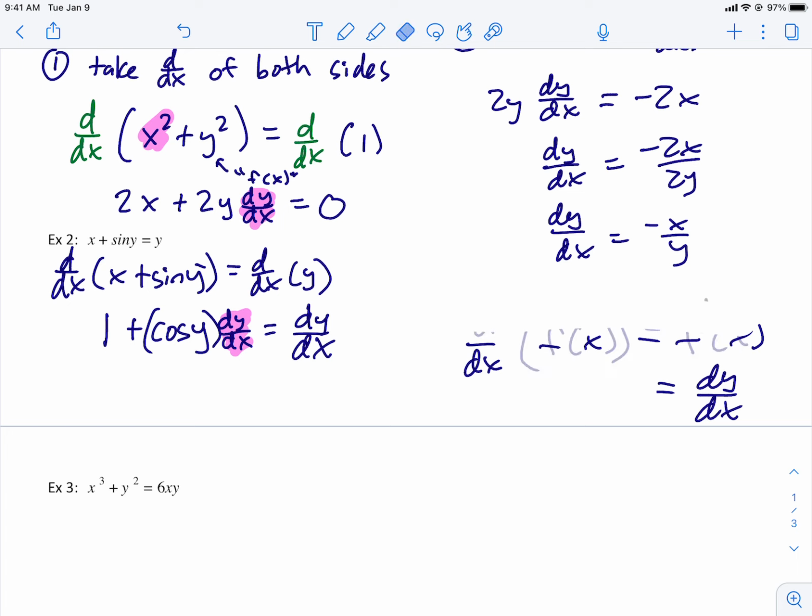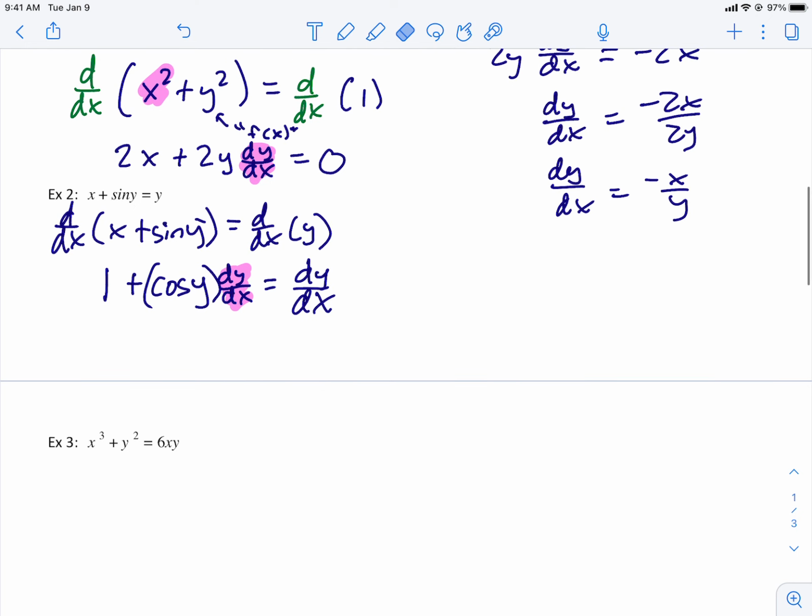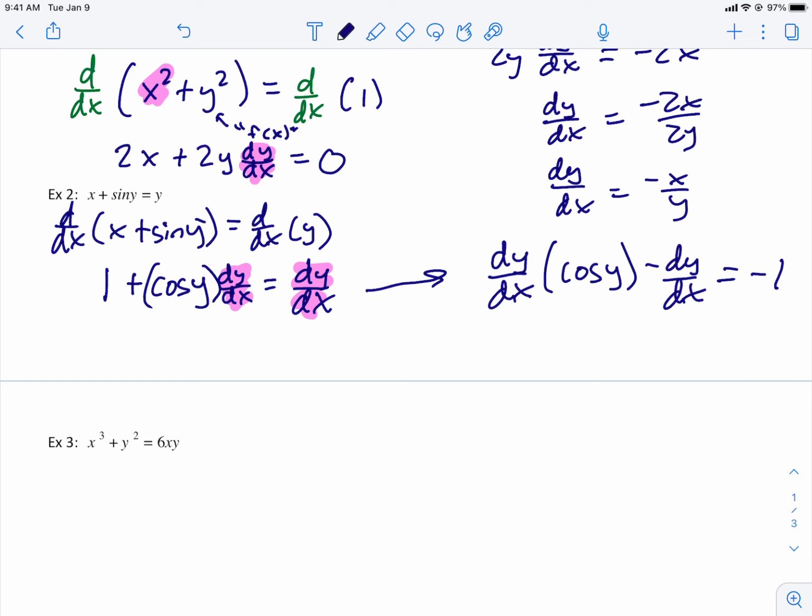All right, so now what do we do from here? Our goal is to isolate dy dx. So now what I would do is move all the dy dx terms to the left-hand side. So I have dy dx times cosine of y, and I'm going to subtract dy dx, and I'm going to have minus 1 on the right-hand side. So I've taken this, moved it over to the left, and taken the 1 and moved it over to the right.